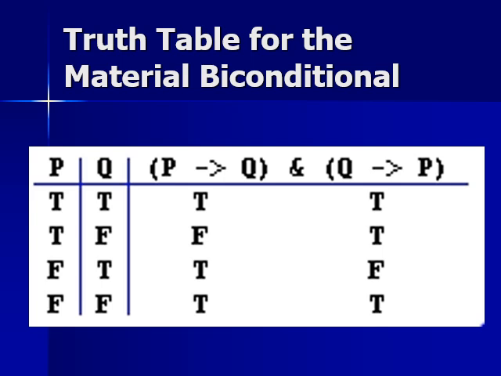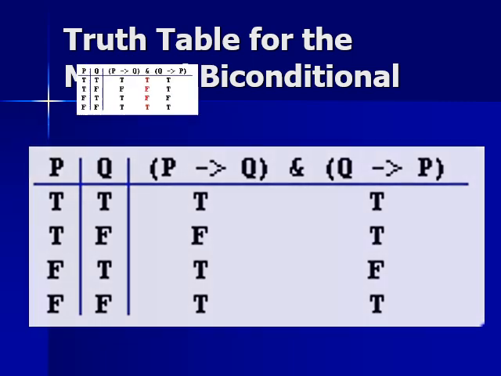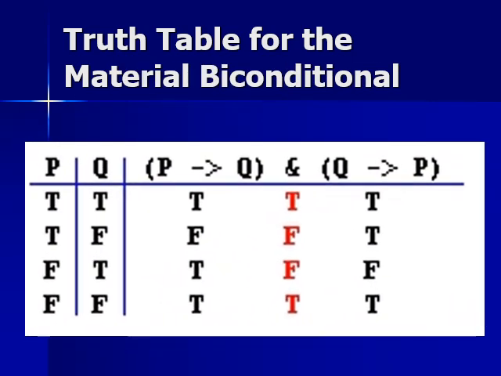That is, it's true when both P and Q are true. It's true when Q is false and P is true. It's false when Q is true and P is false. And it's true when they're both false. Now we want to put them together. You can pretty much guess where this is going. If you have a true and a true, this is the first row. True and true is true.